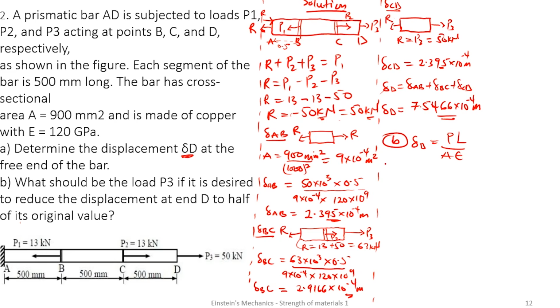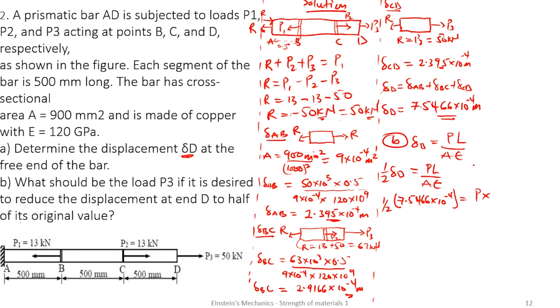So we can say half of the displacement we have should be equal to PL on AE. So we are making P the subject from this. And we are going to get something like half of 7.5466 10 raised to the power negative 4 equal to PL. Now we are considering the whole bar.